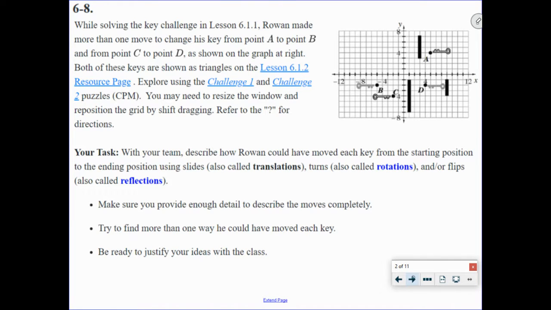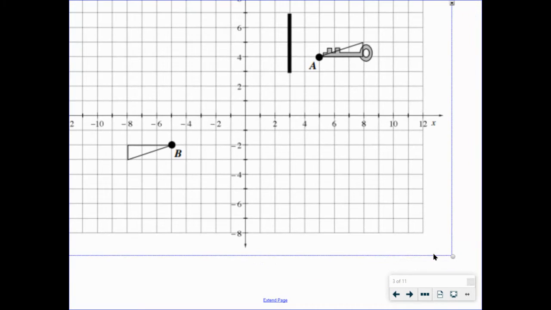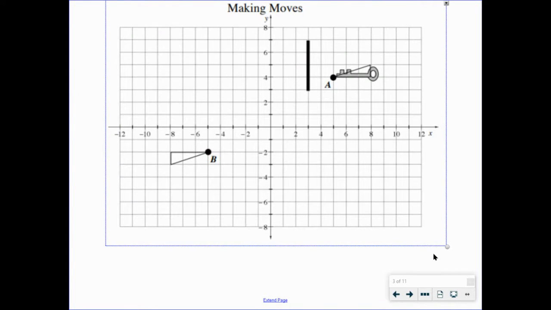So your handout does have this right here. You're moving the key A to B, and remember, we do have a wall here, so we've got to find ways to move this key from its starting position to its ending position, and preferably more than one way to do it, okay? So what I would like you to do right now is go ahead and try moving it. You may use the screen here, or you can use your handout, however you want to do it.